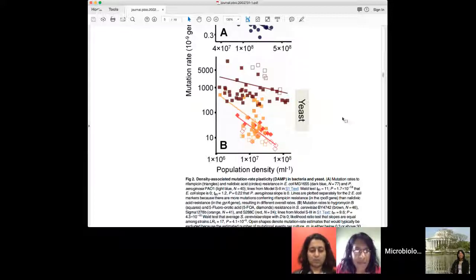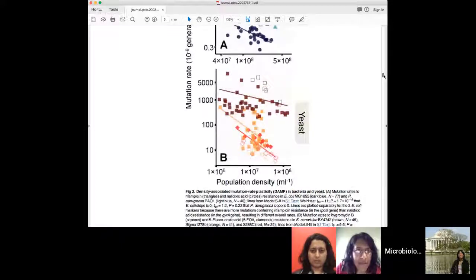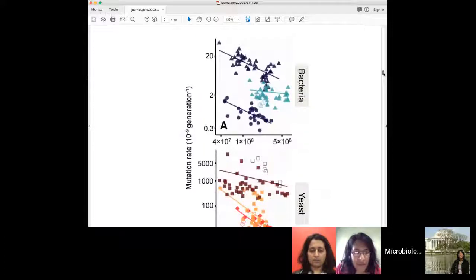And if we scroll back up to the bacteria, what they decided to do was test another bacterial genus. So they bring Pseudomonas into it. These light teal colored triangles are doing the same fluctuation test, the same estimate of mutation rate versus population density with Pseudomonas.